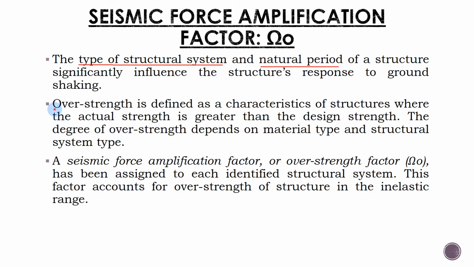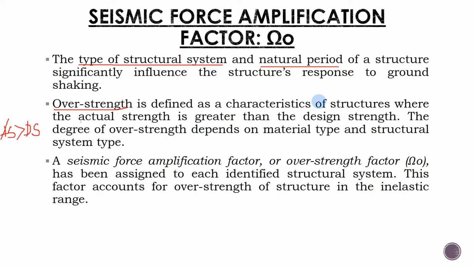Okay, so now we will define the word overstrength. So overstrength is defined as a characteristic of structures where the actual strength is greater than the design strength. Okay, so remember, actual strength is greater than design strength. So that is called overstrength. So the degree of overstrength depends on material type and structural system type.